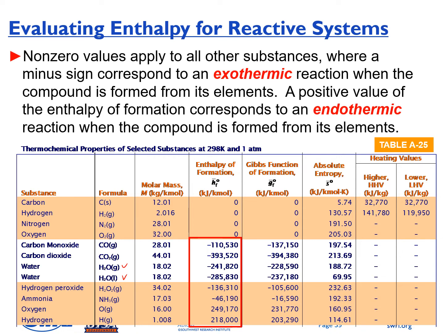Then if you go to the bottom here, we have oxygen, single O. It has a positive enthalpy of formation, so it means it is an endothermic reaction. And hydrogen also, single H, has a positive value here. So it means they are formed by an endothermic reaction.